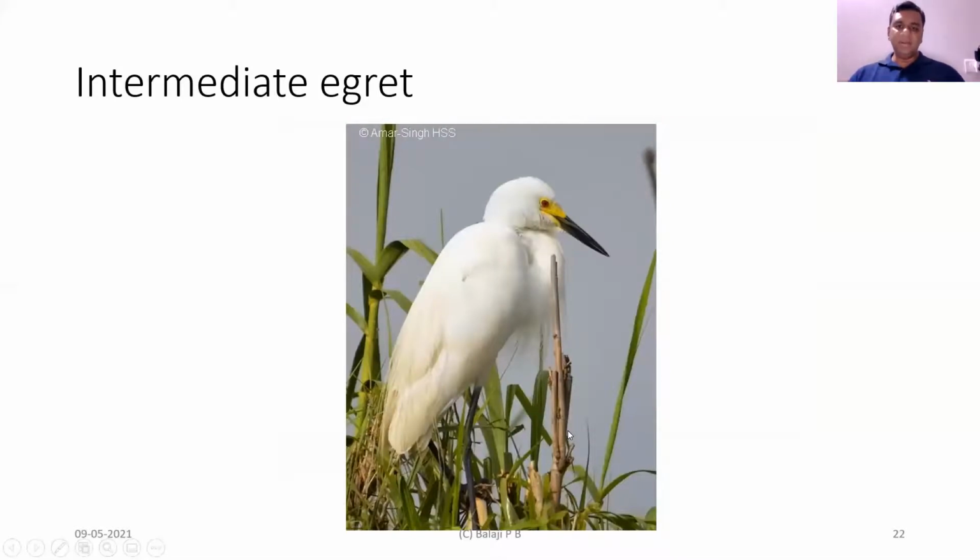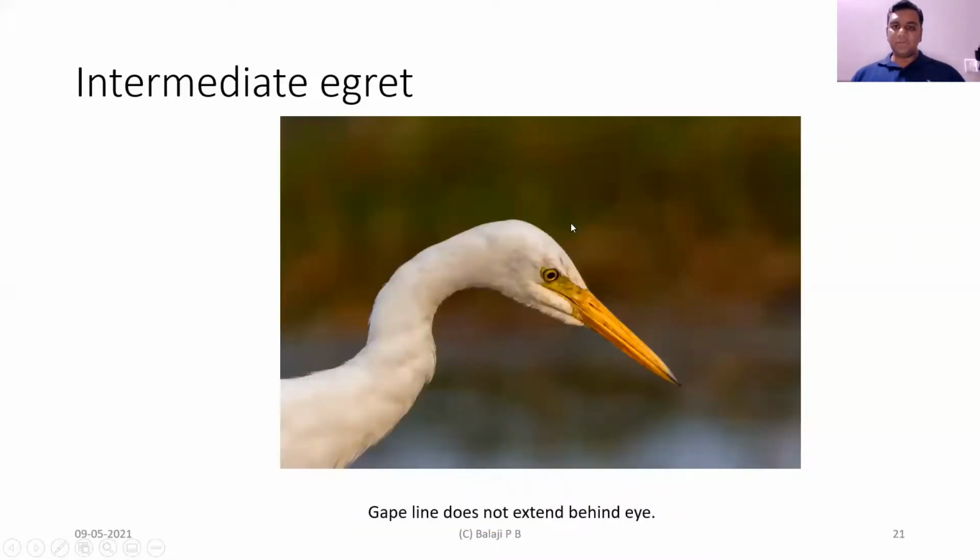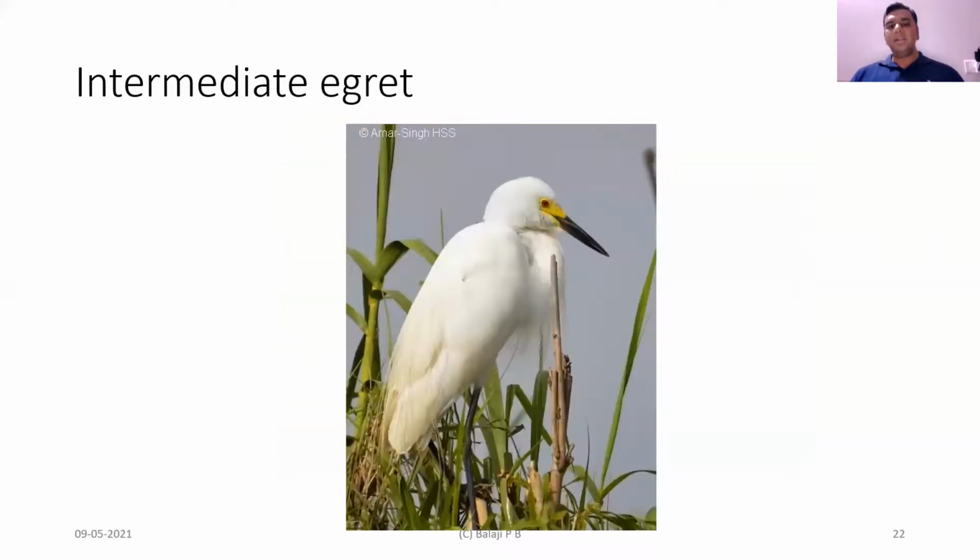And this is an intermediate egret in the breeding plumage. You can see that it has plumes on the breast and on the mantle, and it has a completely black beak. So it looks almost like a completely different bird. Here it has a yellow beak, and here it has a black beak, and you can see the yellowish green lores.